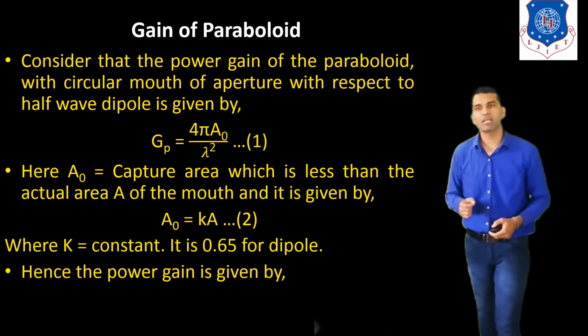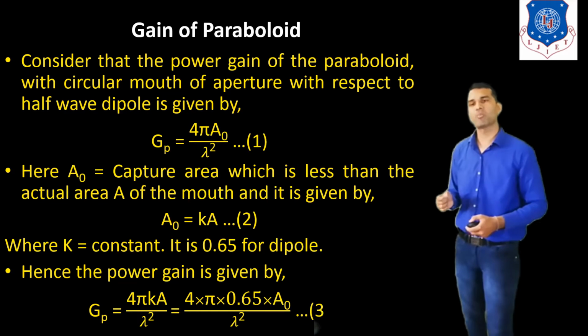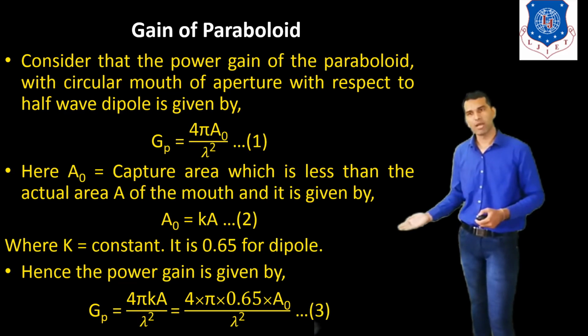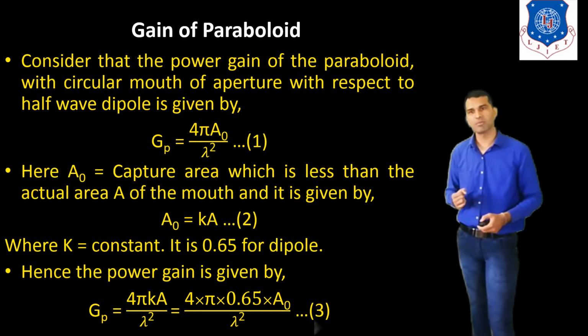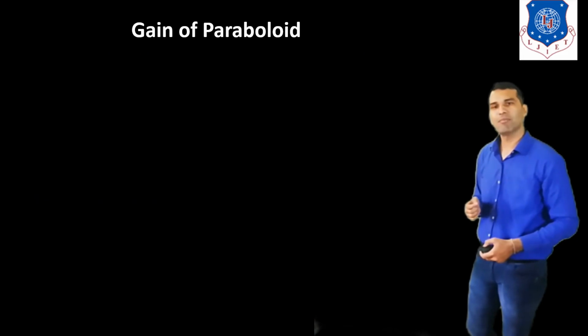Hence the power gain is Gp = 4πKA/λ², and with K = 0.65 we get Gp = 4π × 0.65 × A/λ².